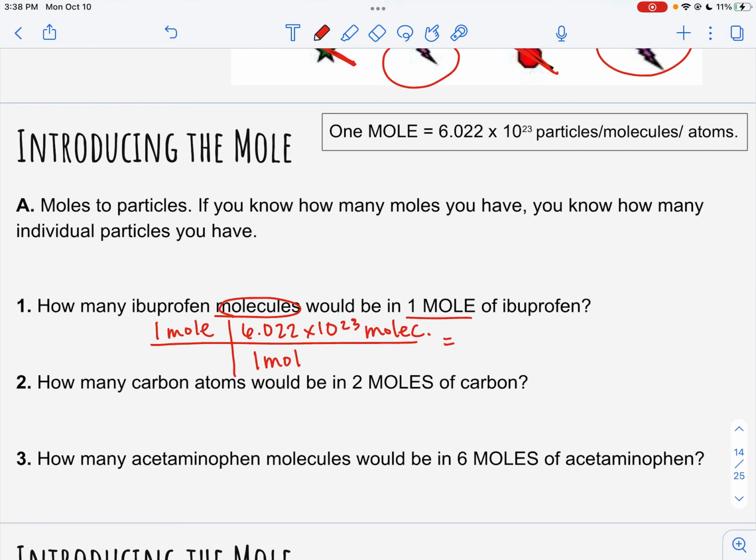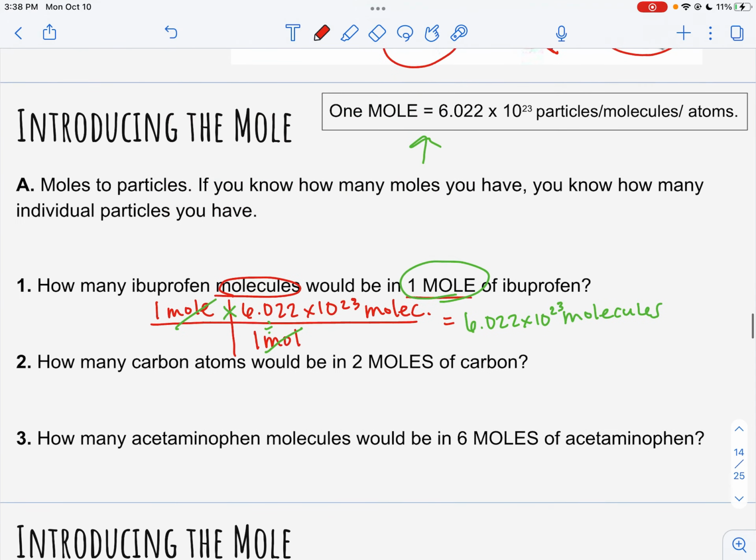Okay, so now, let me change colors. Moles are canceled out, so we're left with just molecules. And remember, anything on the top gets multiplied, everything on the bottom gets divided. So in this case, since we have just a bunch of 1s, we just have 6.022 times 10 to the 23 molecules, which makes sense because we're just talking about 1 mole, and we just said 1 mole is equal to 6.022 times 10 to the 23rd.